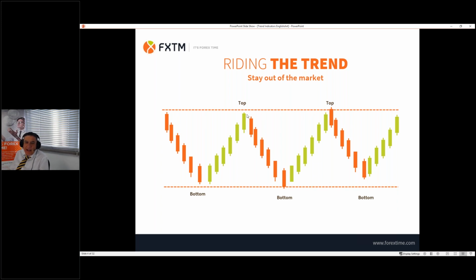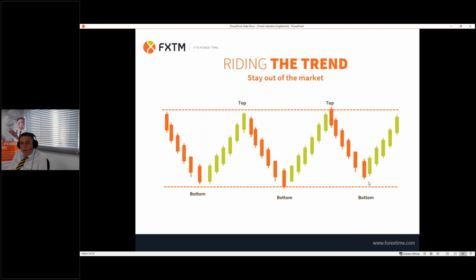And as you see on my image here, this top is higher than the previous top. And as you see, the bottoms are not really exactly at the same price level. And this is what makes range very risky, to be honest.